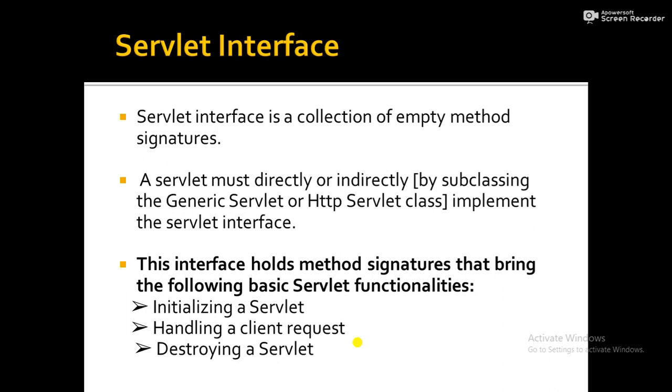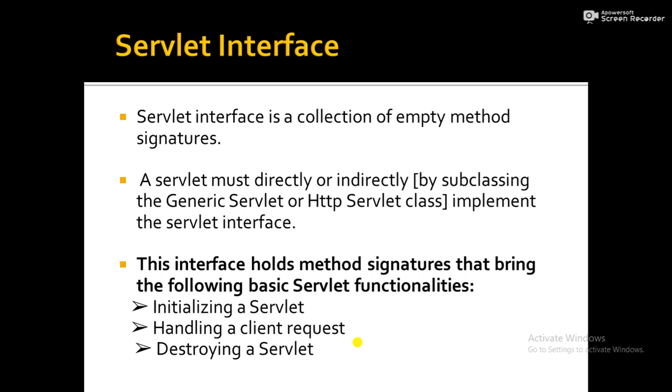A servlet must directly or indirectly, through GenericServlet or HttpServlet, implement the servlet interface. Most of the cases we use HttpServlet. This interface holds method signatures for initializing a servlet, handling a client request, and destroying a servlet.